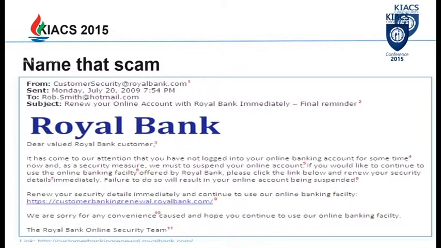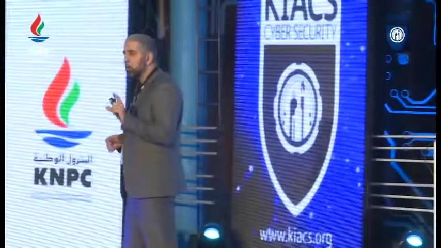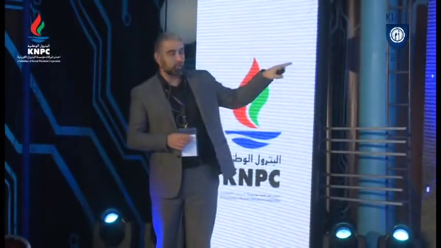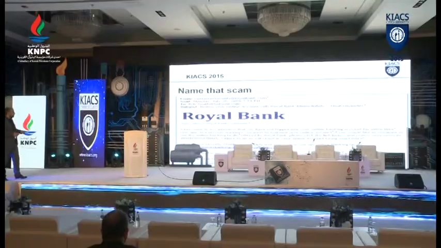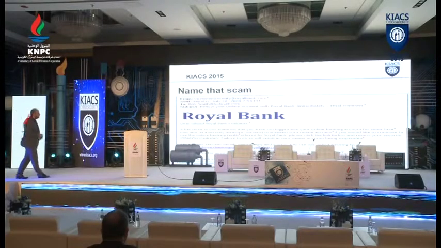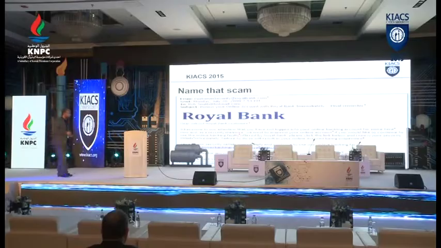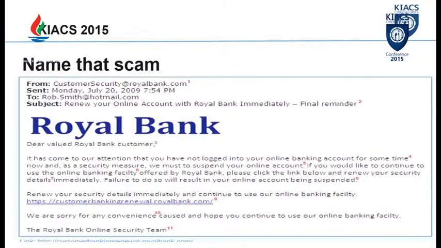Now, here's an example, and I've had to change the logos because the company wasn't happy, but here's a typical email that you would likely see. And this typical email here, as you can see, uses authority. Because you've got the Royal Bank. In fact, if you look at number 1, customer security, the email address appears to come from the bank.